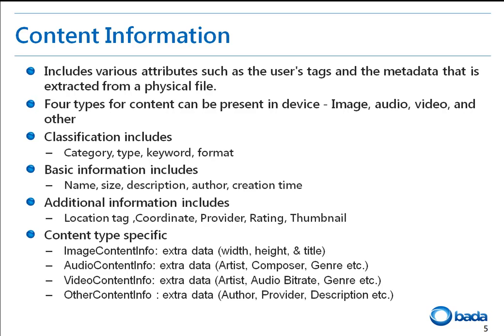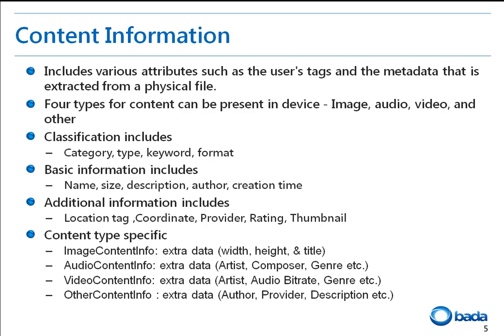Content supports all the basic information about the file, including the name of the file, the size of the file in bytes, the description of the file, the author, and when that file was created. Additional information about user tags in the file can also be created, for example, the provider, rating, etc.